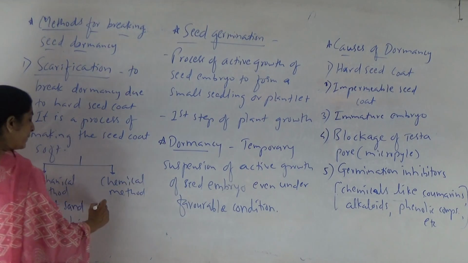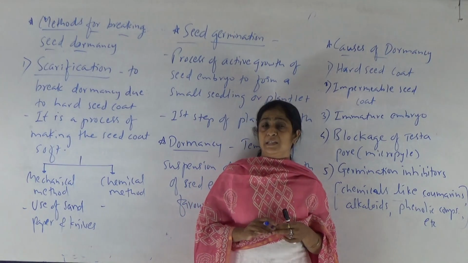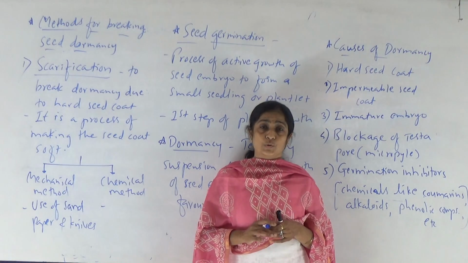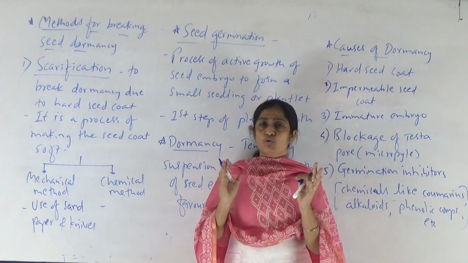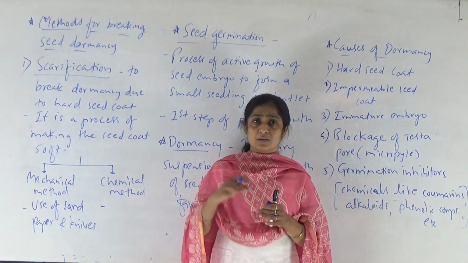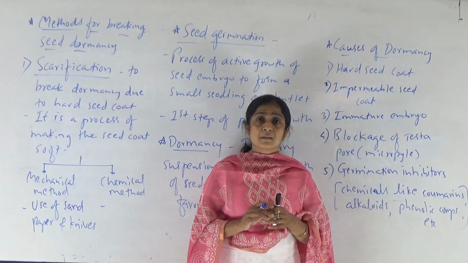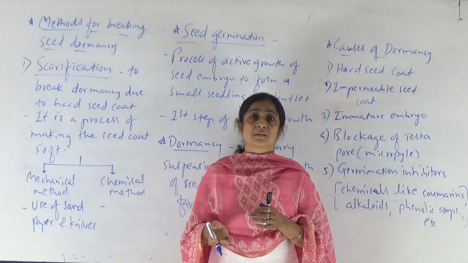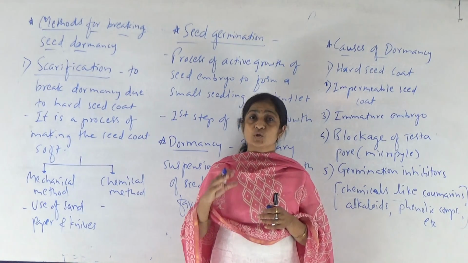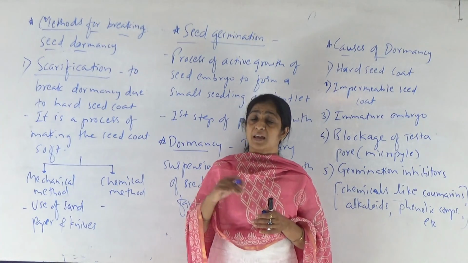In case of chemical scarification, nowadays dilute acids like hydrochloric acid and sulfuric acid can be used. Prepare dilute solutions of these acids and soak seeds with hard seed coat in these acid solutions for some hours. A chemical reaction occurs on the seed coat and as a result the seed coat becomes soft, and then you will be able to sow these seeds in the soil and the seeds are able to germinate.